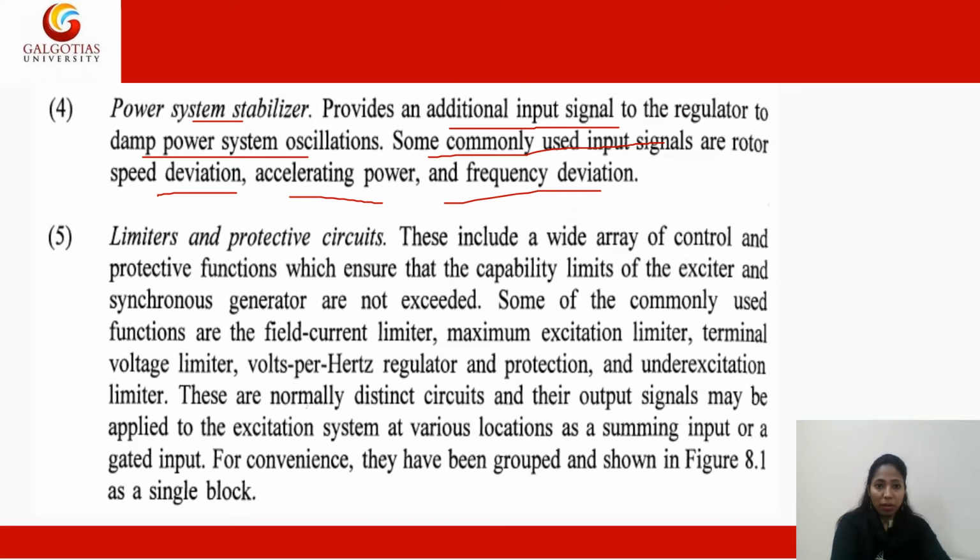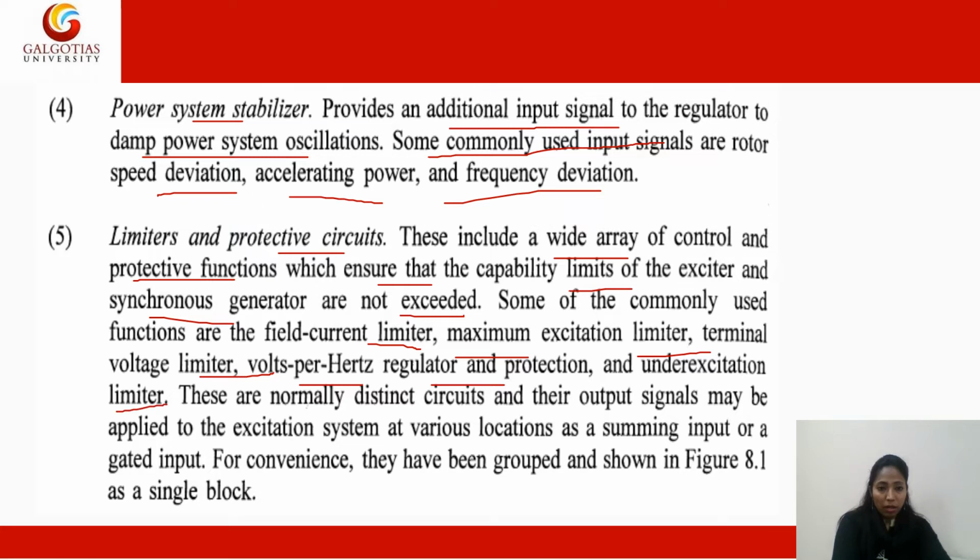Then limiters and protective circuits. These include a wide array of control and protective functions which ensure that the capability limits of the exciter and synchronous generator are not exceeded, so that it can operate within limits. Some commonly used functions are the field current limiter, maximum excitation limiter, terminal voltage limiter, volts per hertz regulators and protection, and under excitation limiters.